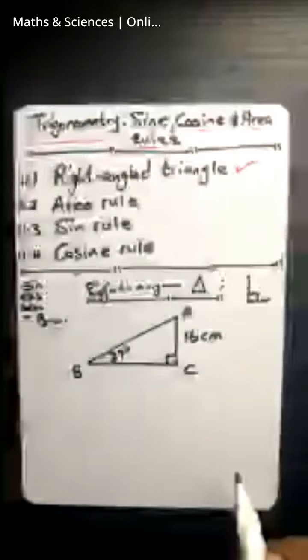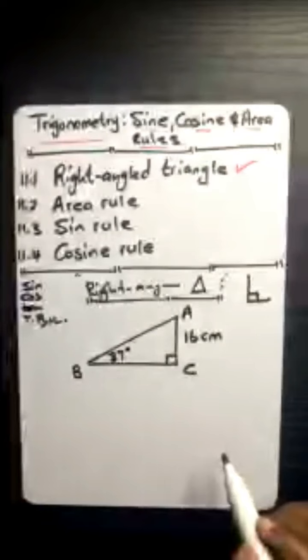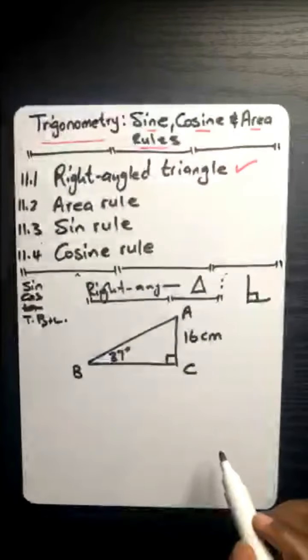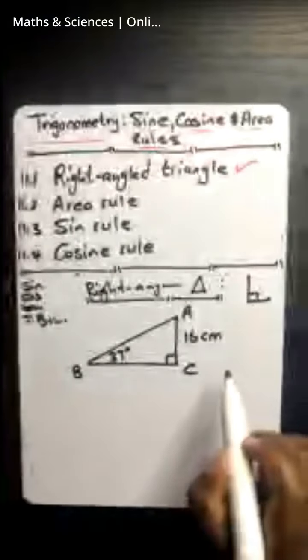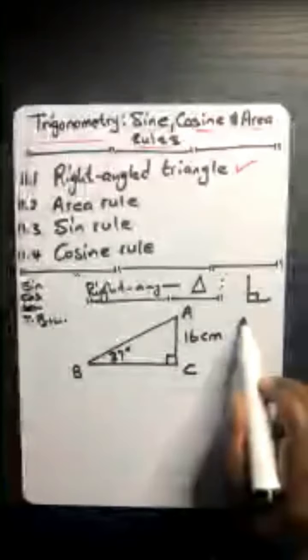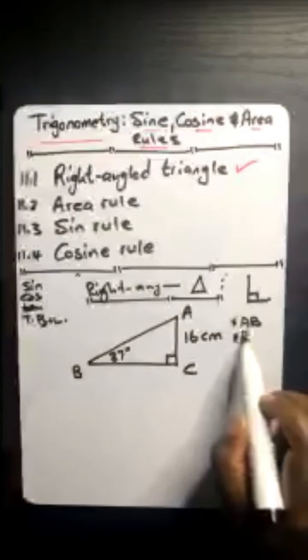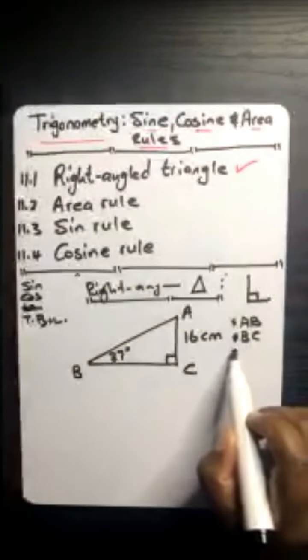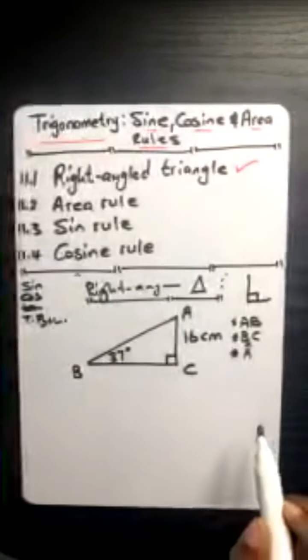So now the question may be, on this right-angled triangle, calculate the length of AB and BC and also angle A. So let's say length of AB, again length of BC, again angle A. I'll quickly do that, ladies and gentlemen.